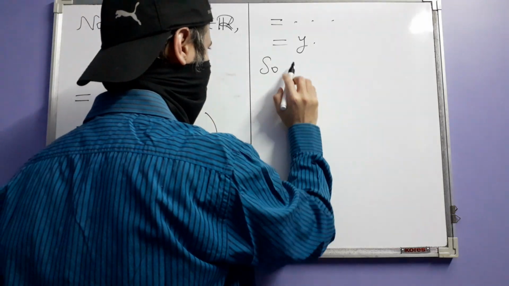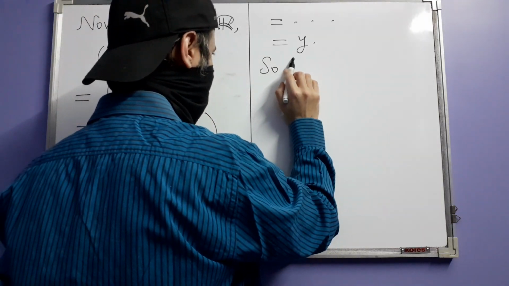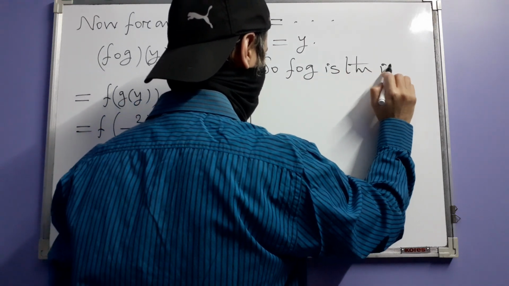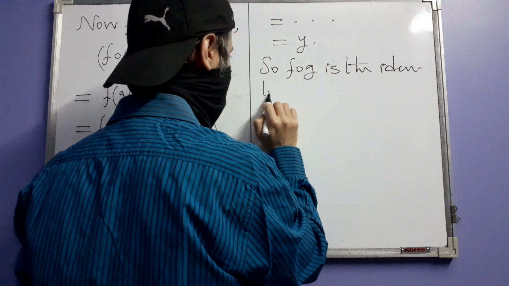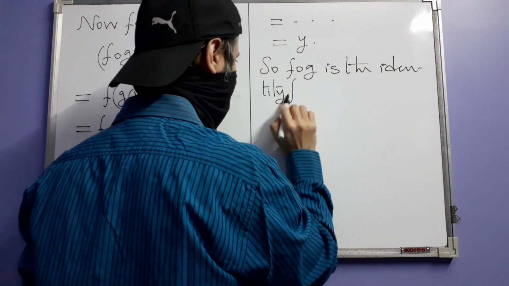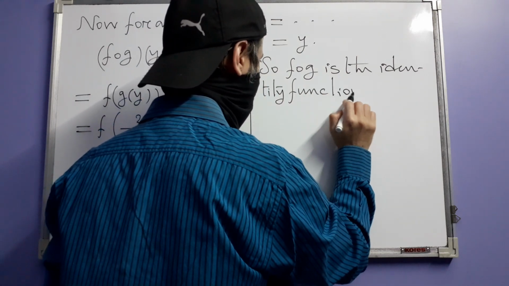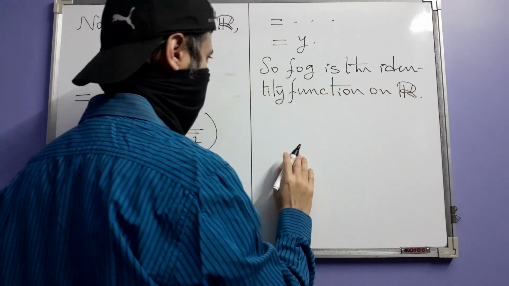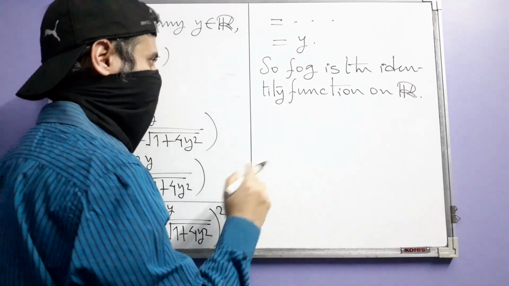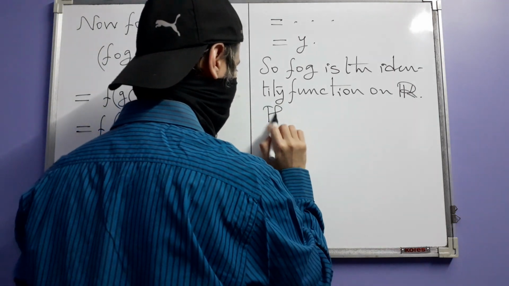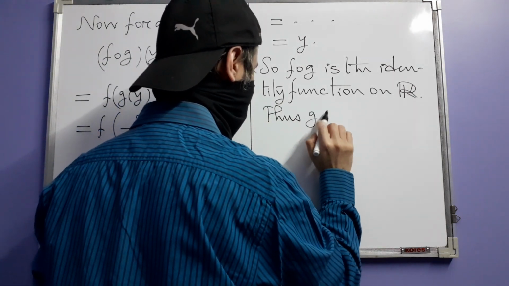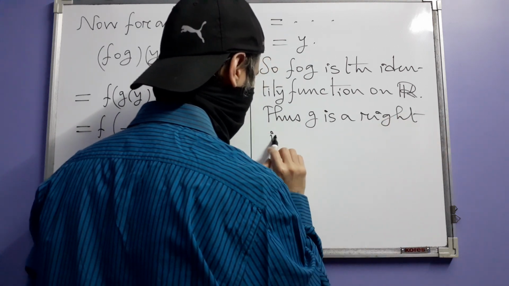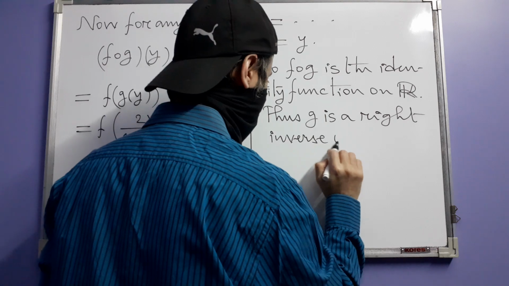So, then you can write f composition g is the identity function on R. On R means automatically it means from R to R. Thus, g is a right inverse of f.